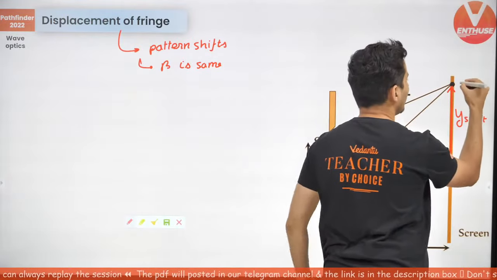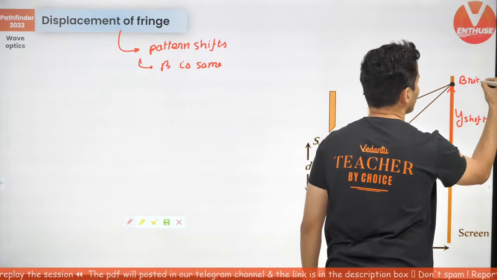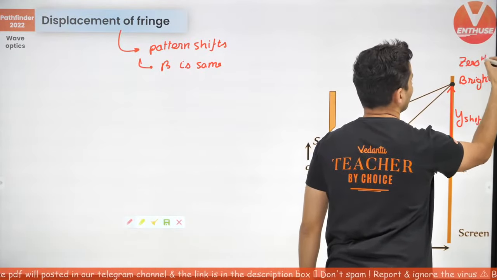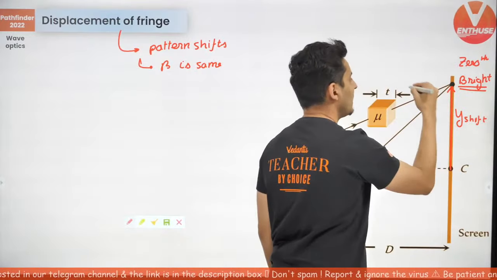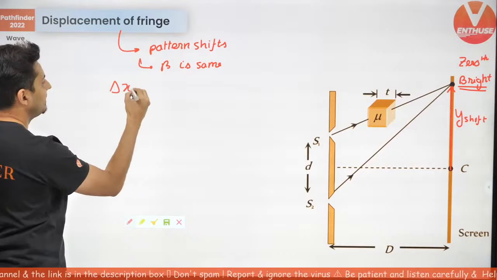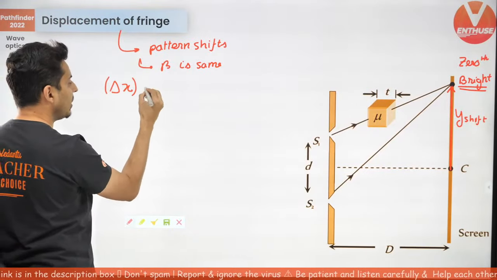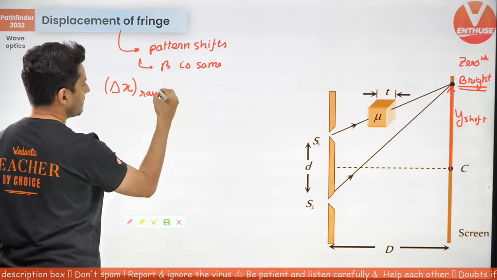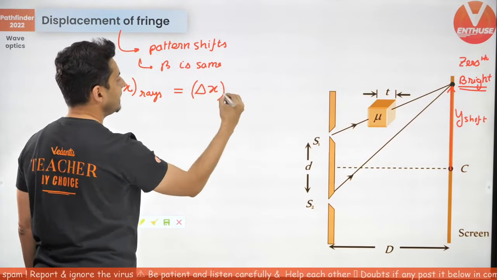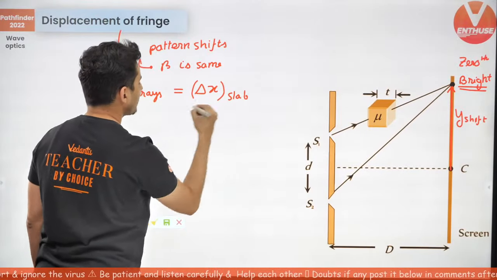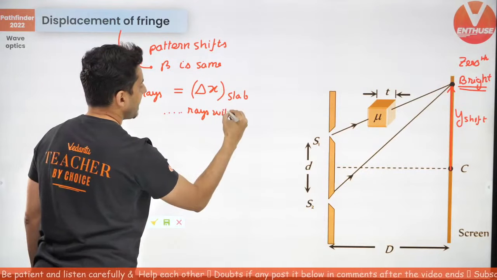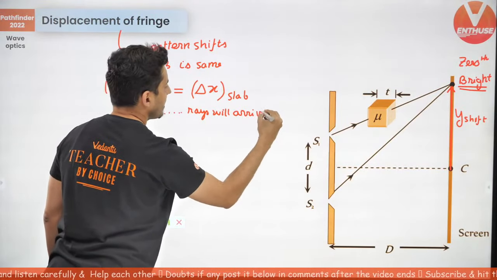So this is where you are going to get your bright fringe. This is your zeroth bright fringe. That's where both of them reach simultaneously. So I'm just going to say that if the path difference created because of the rays is equal to the path difference created because of the slab, then the rays will arrive together.